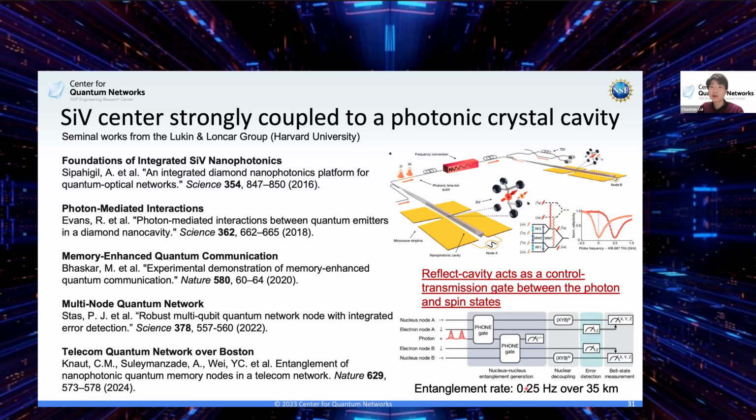They reach 0.25 pairs per second over 35 kilometers. The 35 kilometers is a huge amount of loss across the Boston telecom fiber networks. So that's all about the color centers used in the quantum memories.